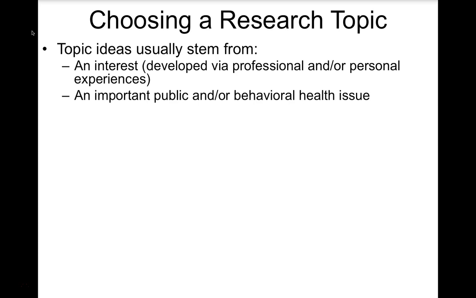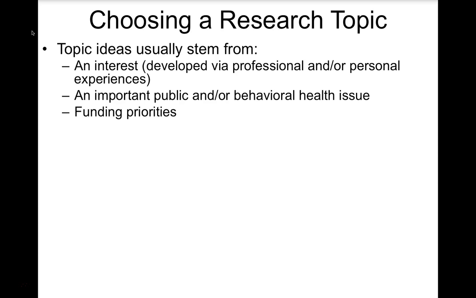Another way in which we develop research topics and ideas is that we're addressing an important public health issue, behavioral health issue, something in practice, education, etc. For those of us who do funded research or who depend on funders to pay for our research, some of our research ideas may be motivated by funding priorities.